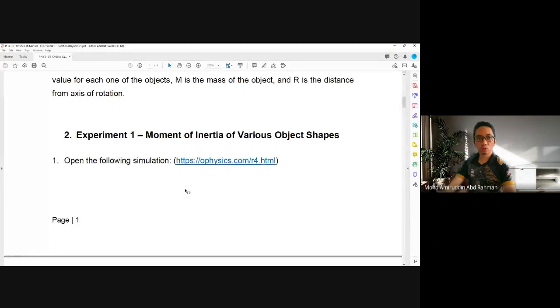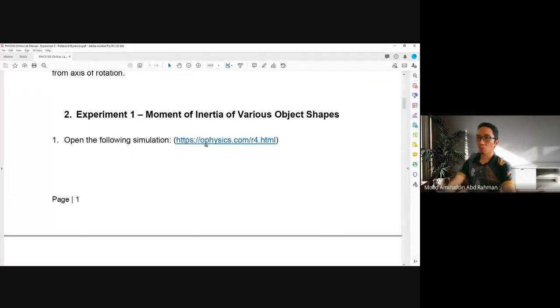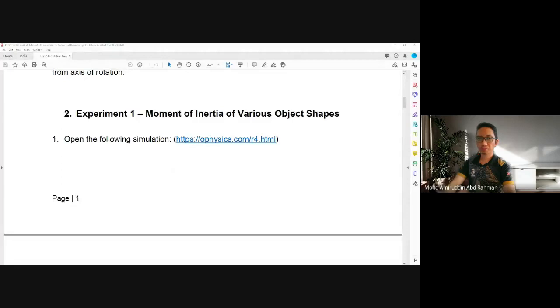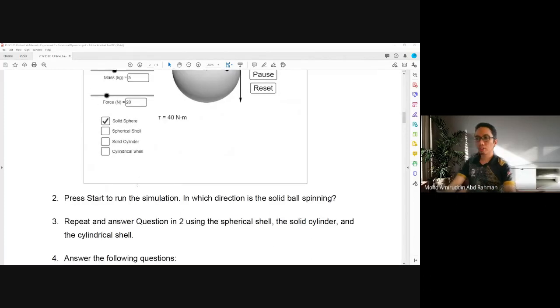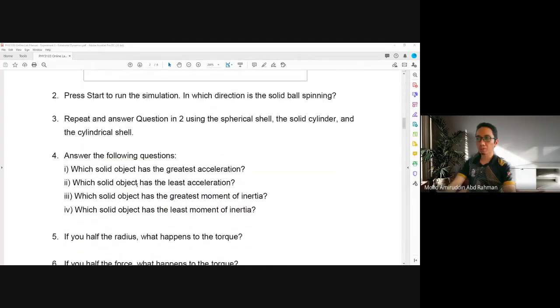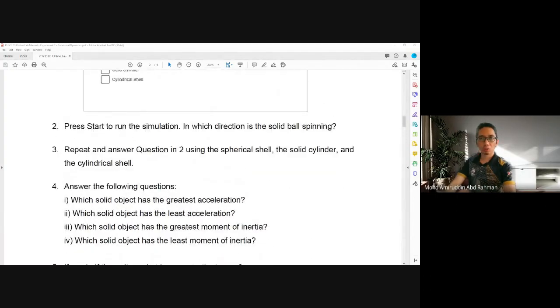So basically you will have 4 experiments in this lab manual. You open the following simulation. You just straightforwardly follow the instructions in the lab manual, so it will be a straightforward one.